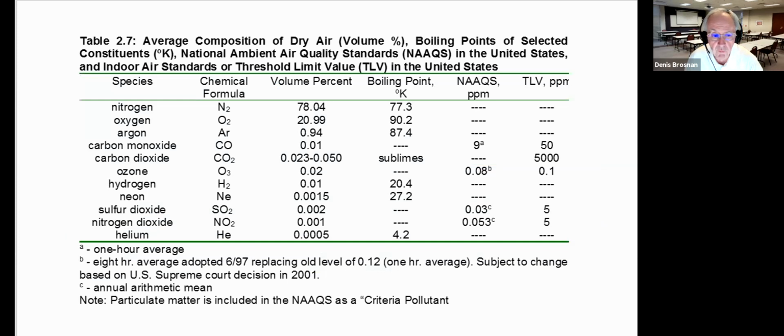You've seen this slide before about air. We're naturally going to use air in most of our combustion situations, and we realize nitrogen is the largest component of air that we're breathing, and oxygen is about 20–21% of the volumetric composition of air.